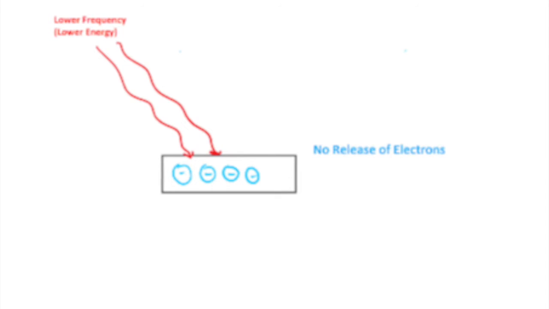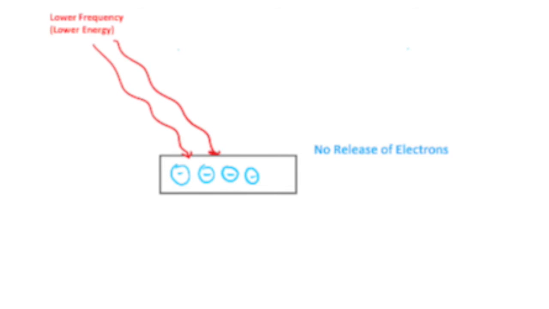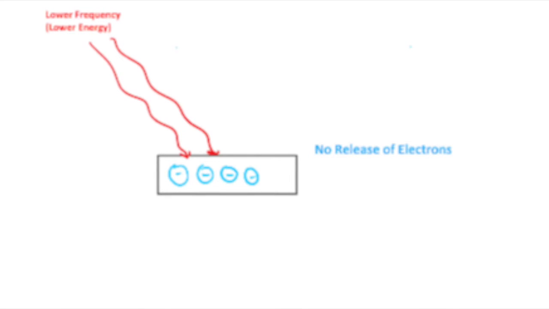The number of electrons ejected per unit time is proportional to the intensity of the electromagnetic radiation and to no other characteristic. High-intensity electromagnetic radiation consists of large numbers of photons per unit area, with all photons having the same characteristic energy, h times f.